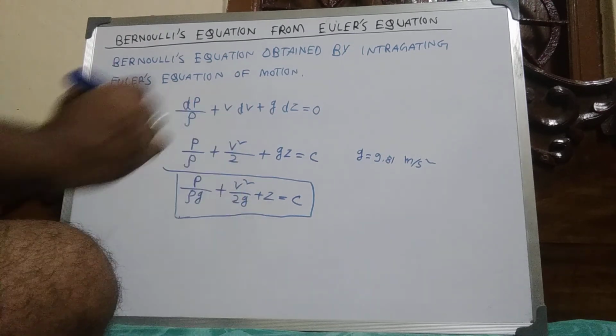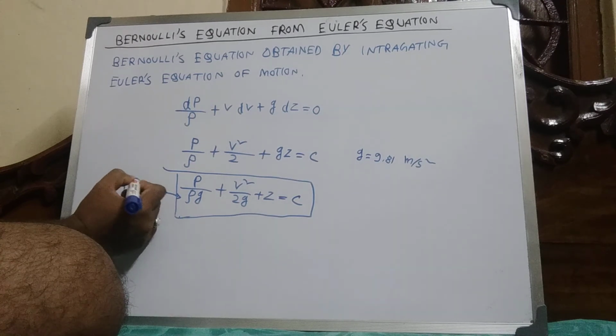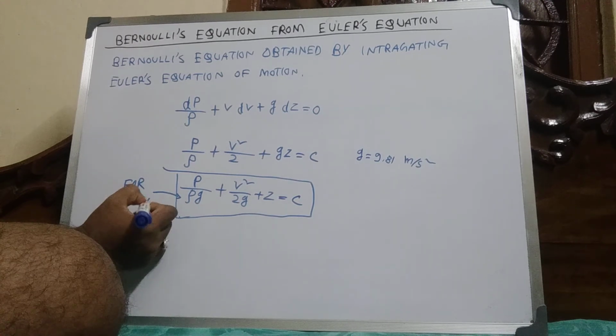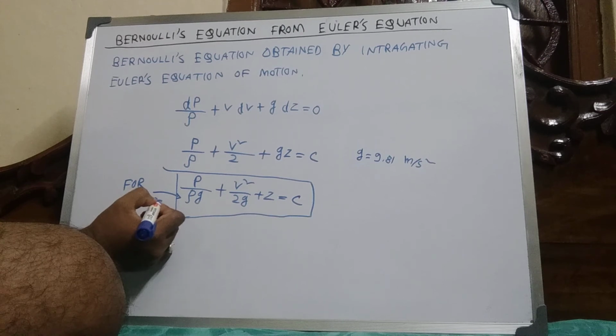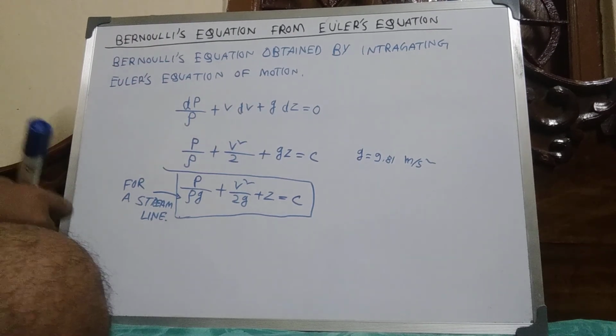This is the Bernoulli's equation for a streamline. This is the constant value.